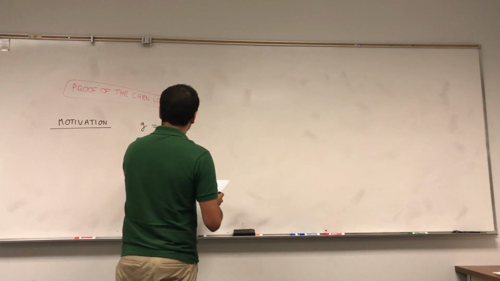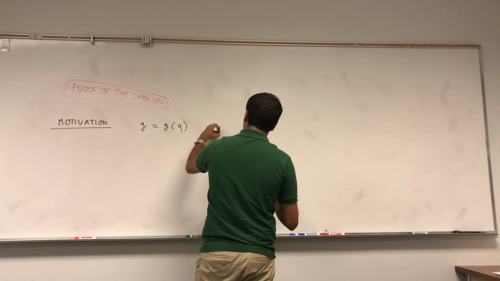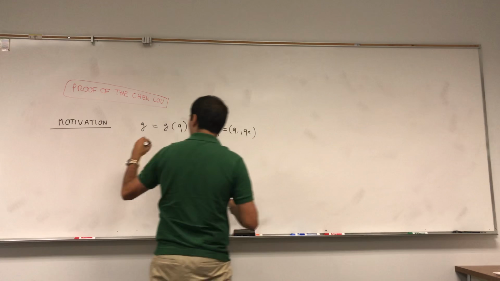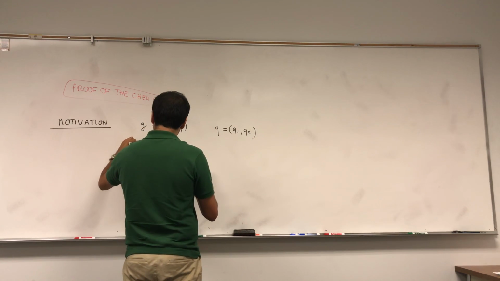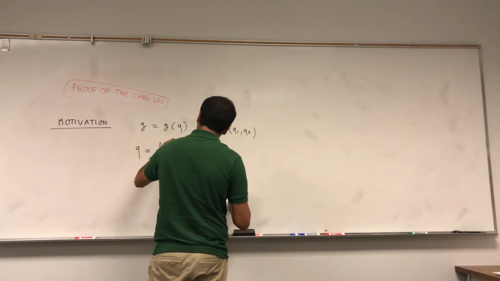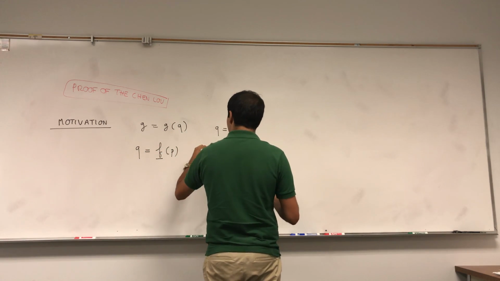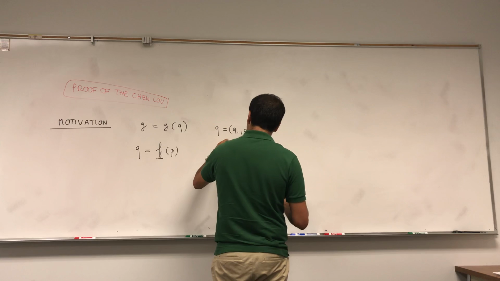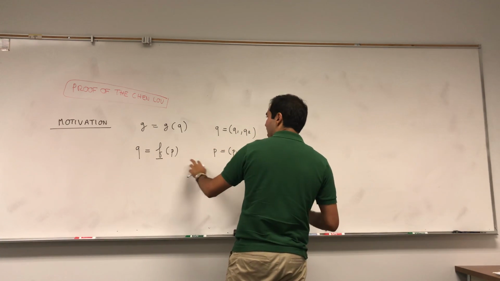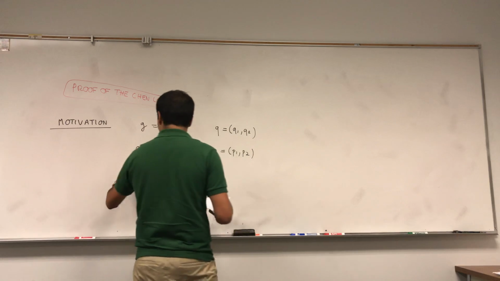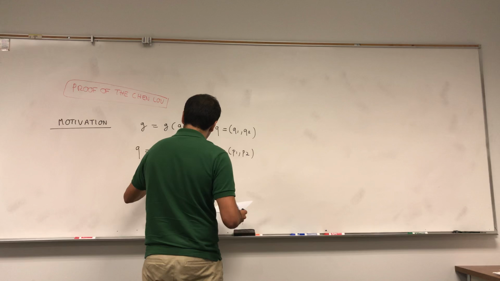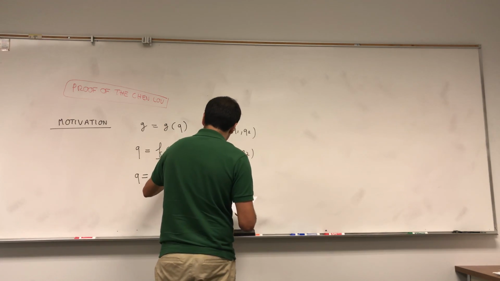So suppose g is a function of q, where q has two variables, q1, q2, and moreover, q is a function of p. So q is f of p, where p is p1, p2. But on the other hand, q also has two components, f1 of p and f2 of p.